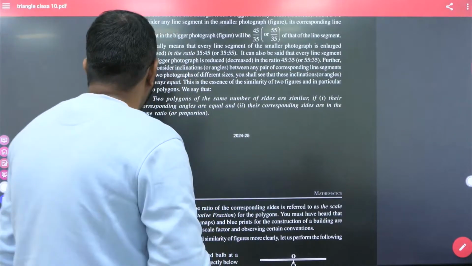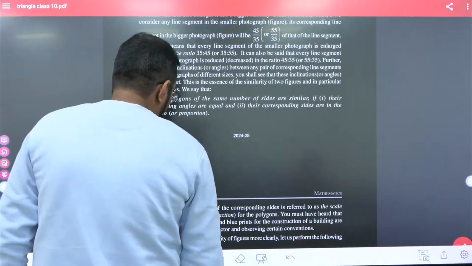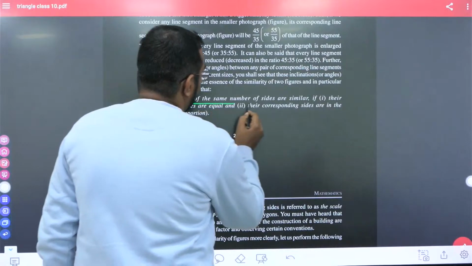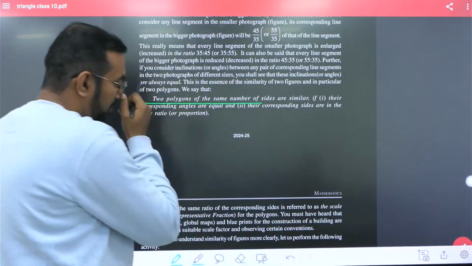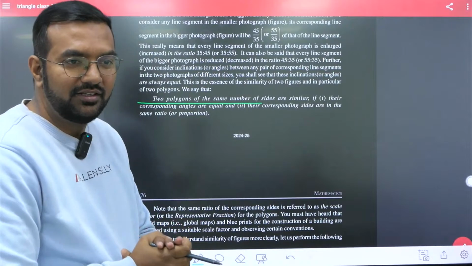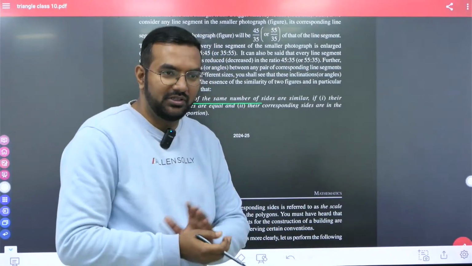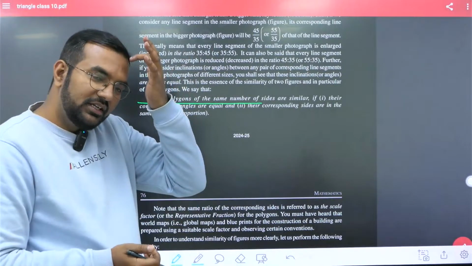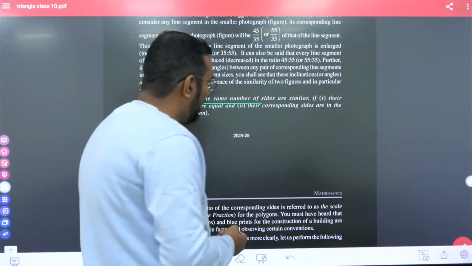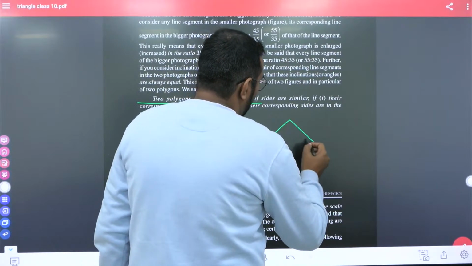Here we have the similarity of polygons. We have already discussed what a polygon is. A polygon is a closed figure made by line segments. For example, a triangle is a polygon.